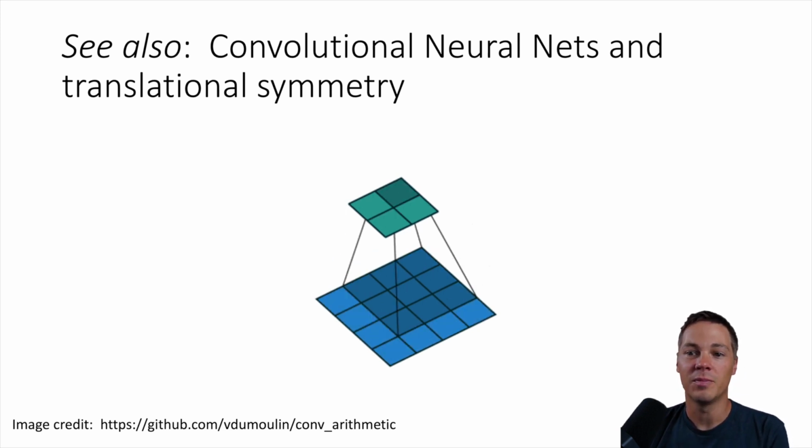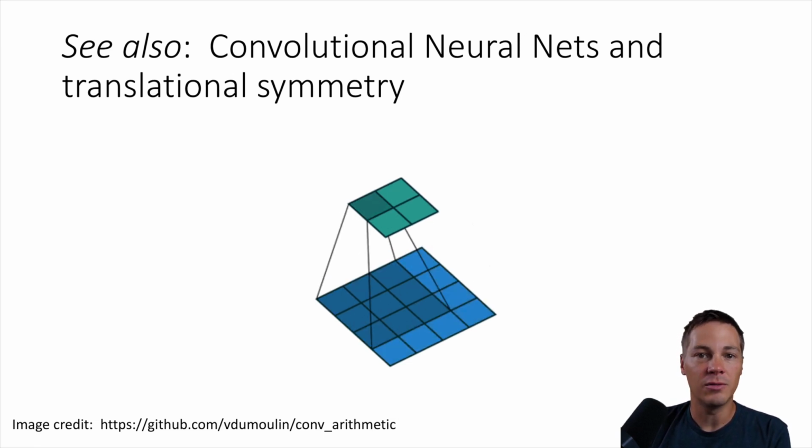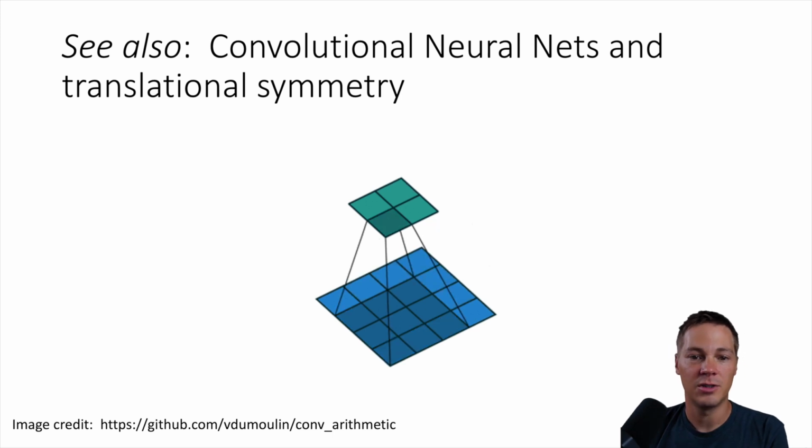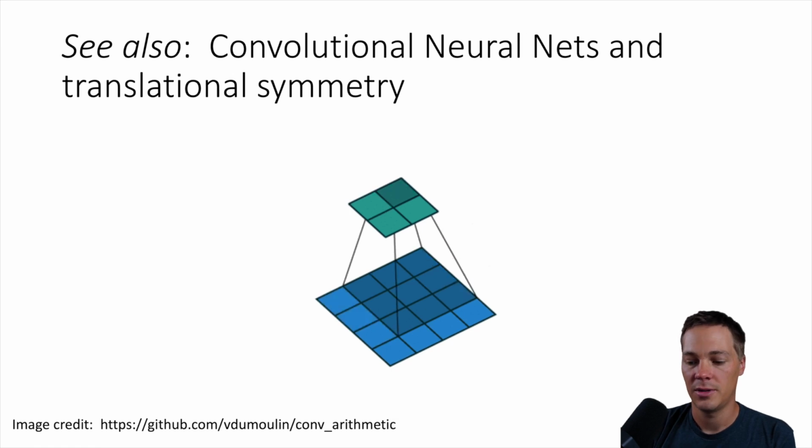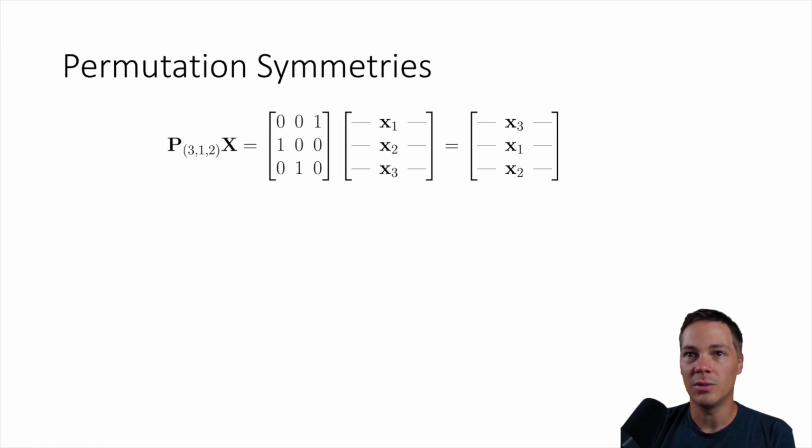That would be a waste of parameters and we'd require much more training data. So the way that a convolutional neural network leverages this translational symmetry is they take a single filter and they scan it across the image. And it's this scanning property, which is what makes it convolutional in nature, that bakes the translational symmetry into the model itself. So we want to do something similar, but with permutation symmetries.